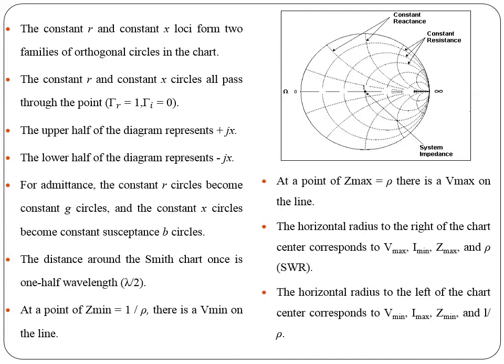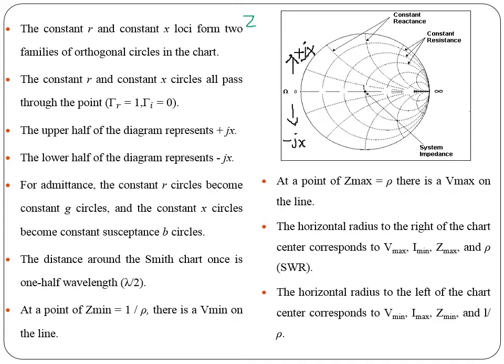Characteristics of the Smith chart. There are two families of orthogonal circles in the chart, constant R circles and constant X circles. The upper half of the diagram represents plus jX and the lower half of the diagram represents minus jX. For admittance, the constant R circles become constant G circles and the constant X circles become constant susceptance B circles.